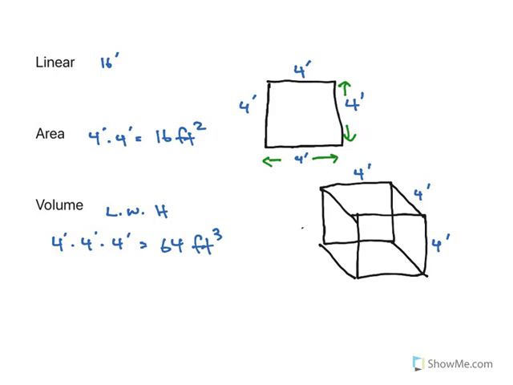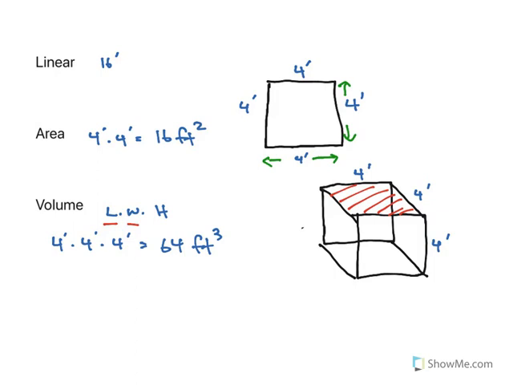And now let's say that I knew the area of one side of the square, we're going to just say we knew the area of one side of the square. And we're just going to assume for the purpose of this problem that this was, let's say, a rectangle. So I know length times width, and I know the volume, and I want to determine height.